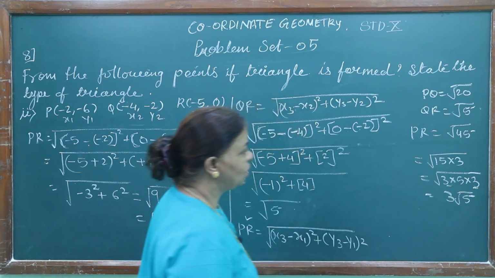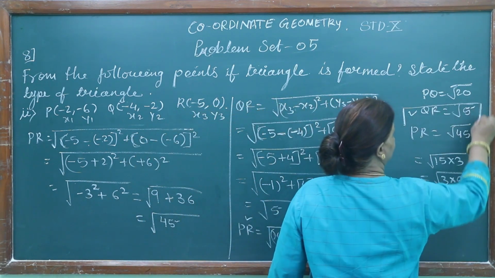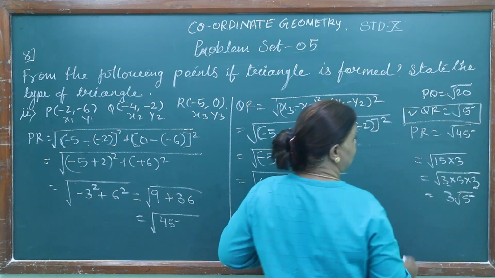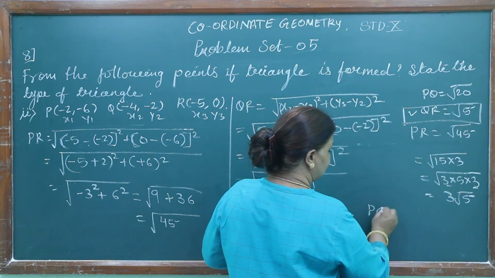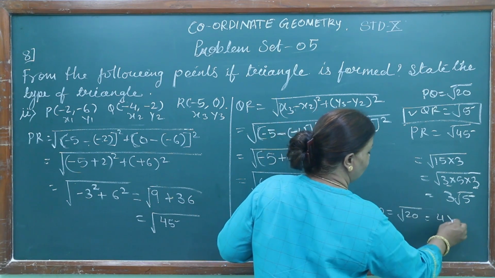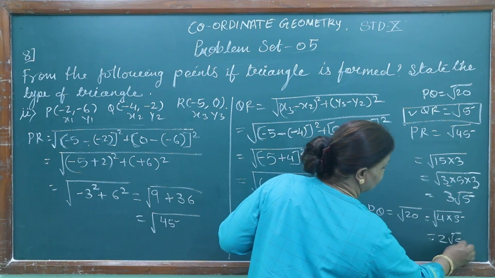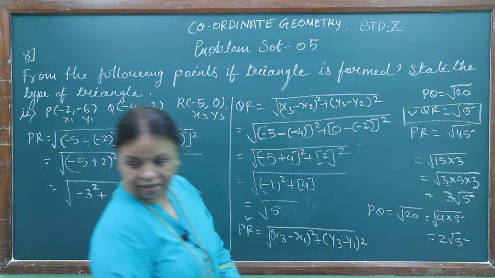So PR is 3 root 5 and QR is root 5, see. And PQ, let us check PQ, root 20, that is 4 fives are 20. 4 means 2 root 5. So PQ is 2 root 5.